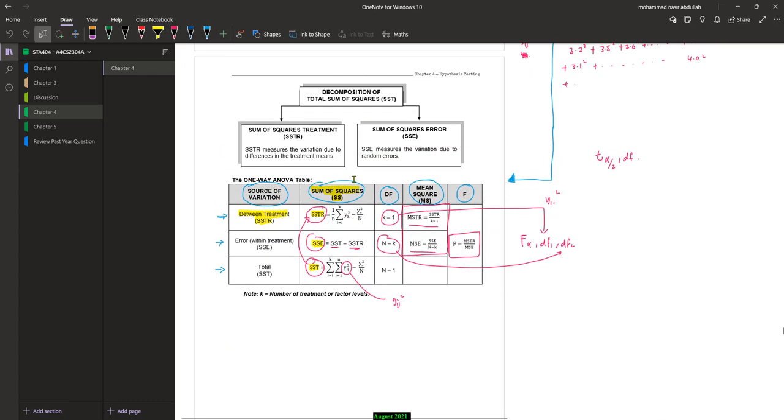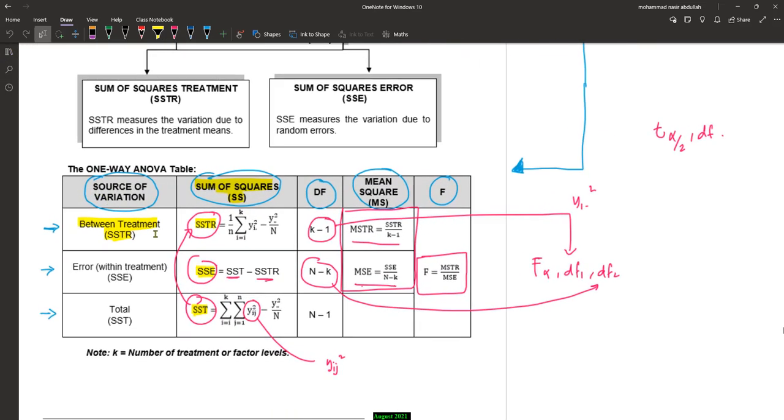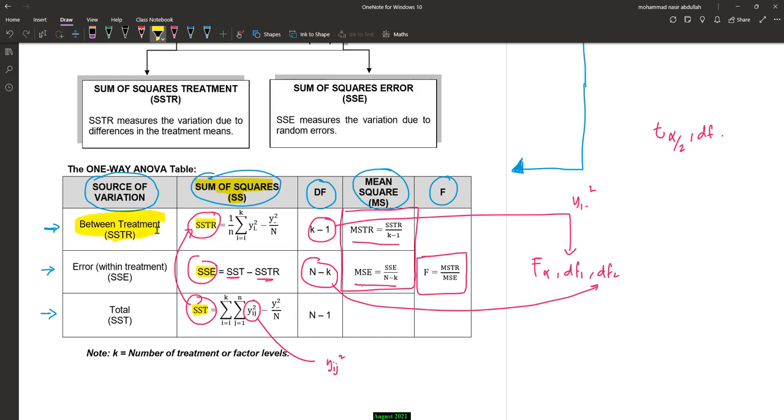Okay, so this one, nampak kan? Sorry. So between treatment adalah between group lah. This is what we call as between group lah, right? Between group or between treatment. Error means sum of square within treatment ataupun error lah.